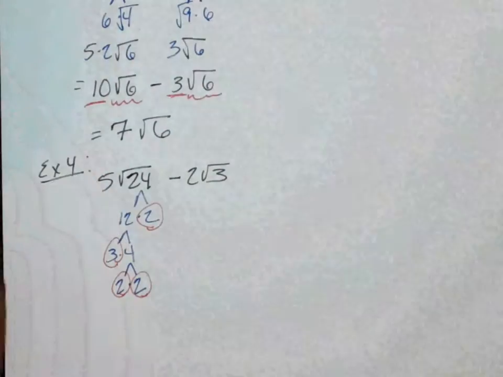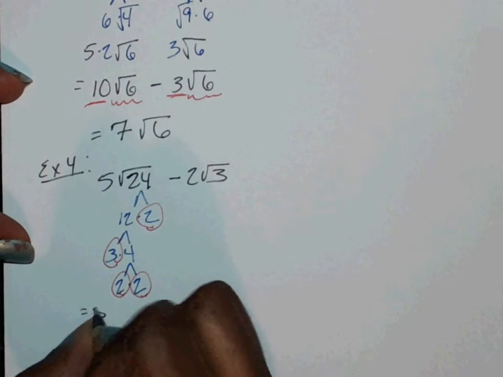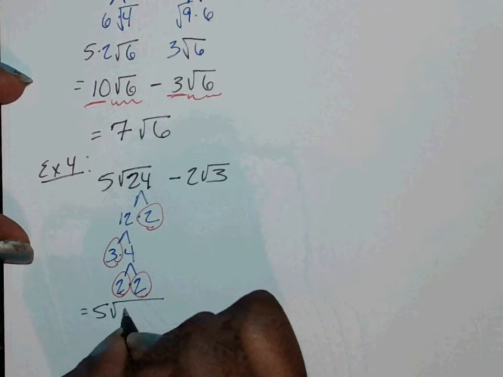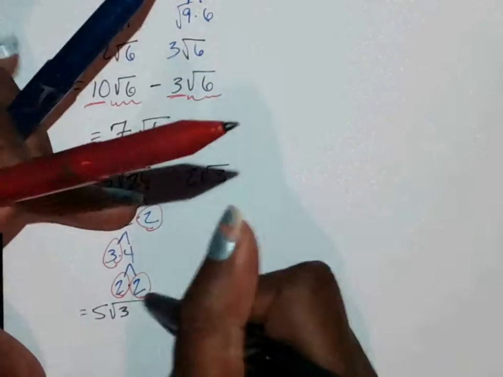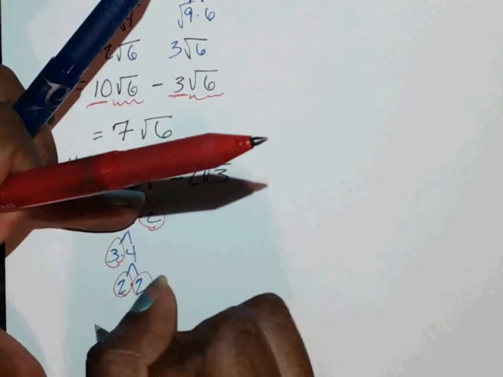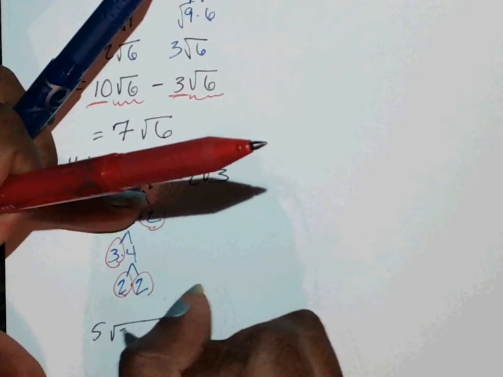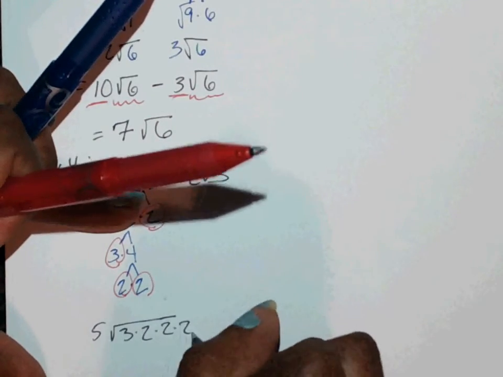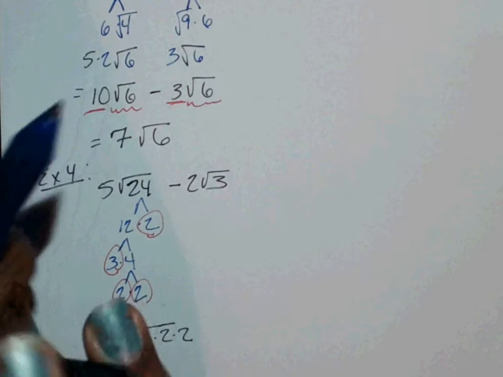So this turns into 5 square root of 3. I'm going to move it down a little bit. Times 2 times 2 times 2.